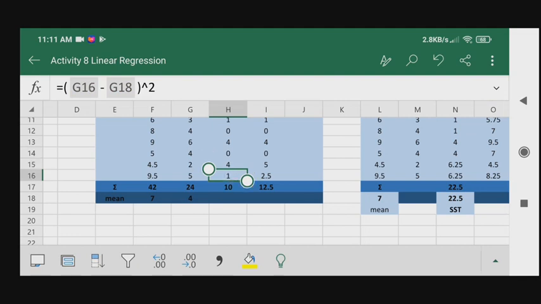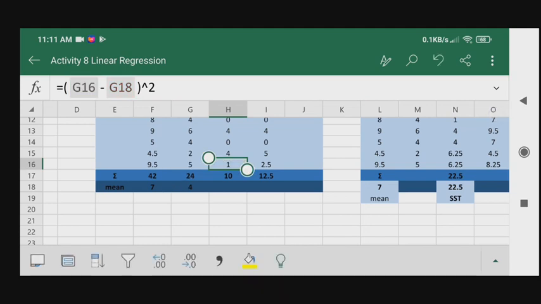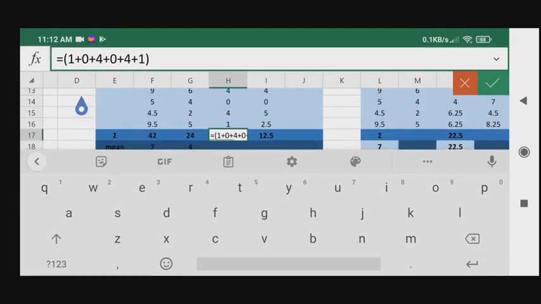Then G16 minus G18 squared equals 1. The sum of this is equal to 10, because 1 plus 0 plus 4 plus 0 plus 4 plus 1 is equal to 10.